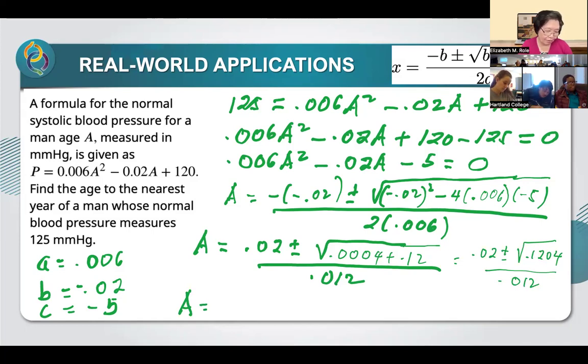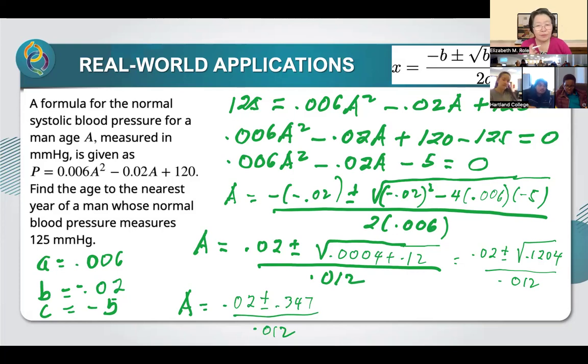It's 0.347. Did you get 0.347 over 0.012? Is that okay?